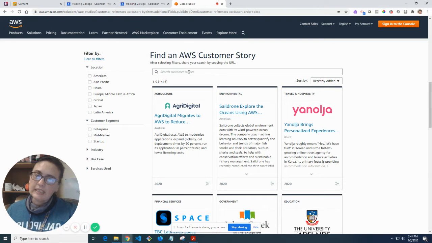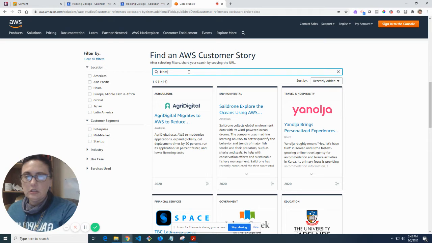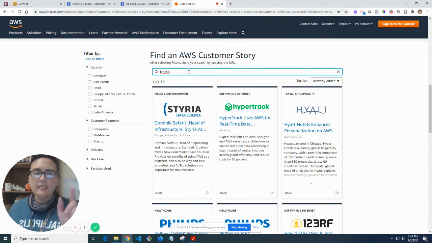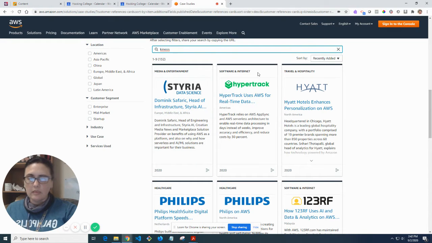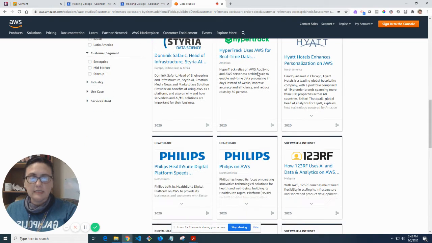So I can search in here. Yeah, Kinesis, which is one of the data services offered with AWS. And it gives me, it looks like, 132 different options to see how a variety of different organizations and businesses are using Kinesis.